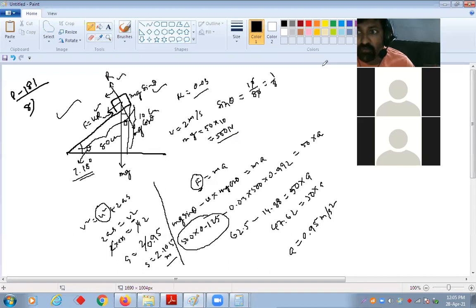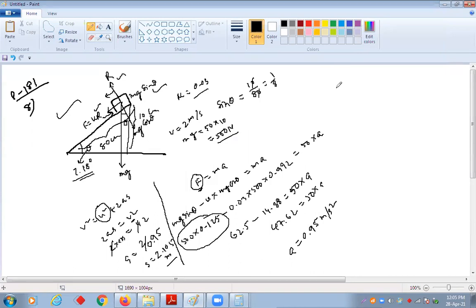So mgh, the loss of potential energy, how much will we get? Here we will write mgh. mg means 500, you already know, and h was how much? Length of the plank was s, 2.105. The ratio of the height to the length of the plank is 1 by 8.